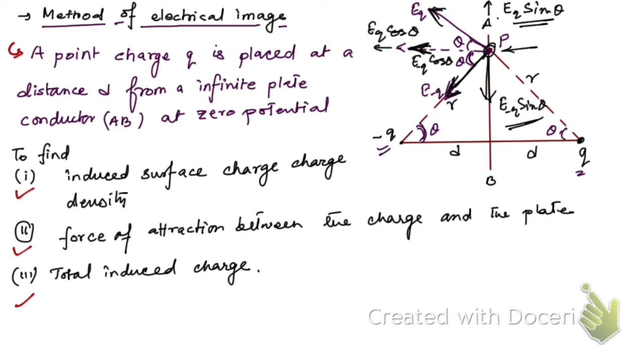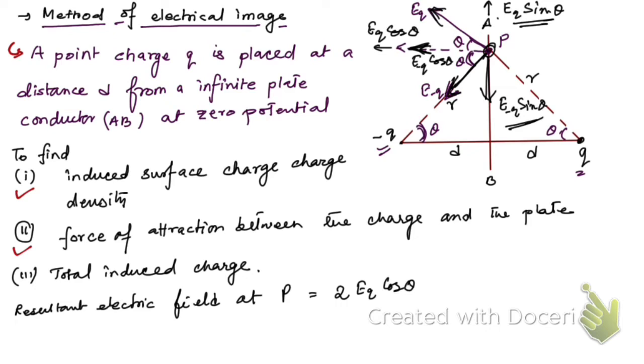So the resultant electric field at P is going to be equal to 2 E_q cos theta, and E_q will be equal to kq by r square, so kq by r square cos theta.